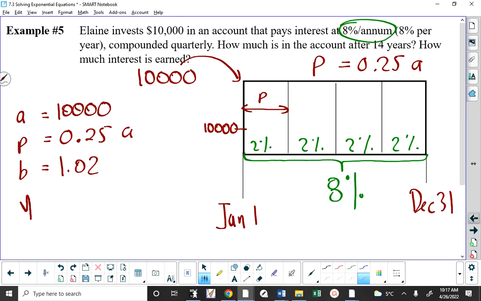So our equation will be y is equal to 10,000 times 1.02 raised to the t, which is a variable, over 0.25. If we want to find out how much is in the account after 14 years, let's put 14 in for t and calculate y.